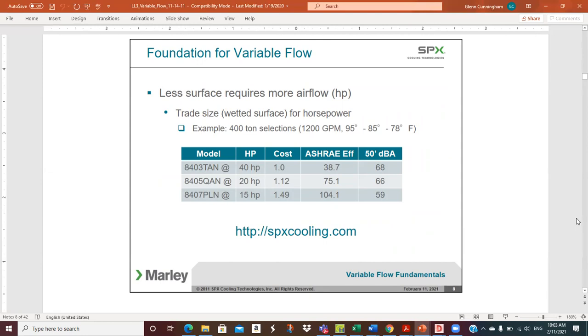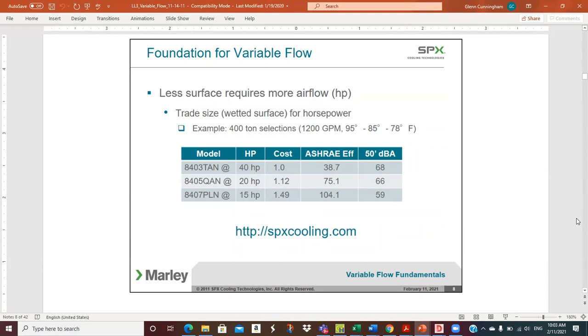Okay, so just some fundamentals. Less surface area requires more airflow, and more airflow is more horsepower. And so this is the example of selecting a bigger tower to get a smaller fan.